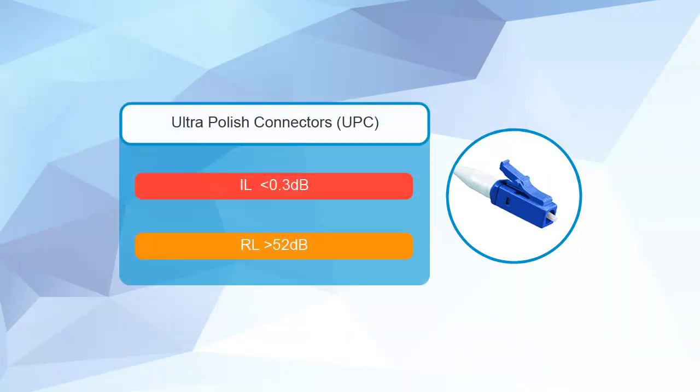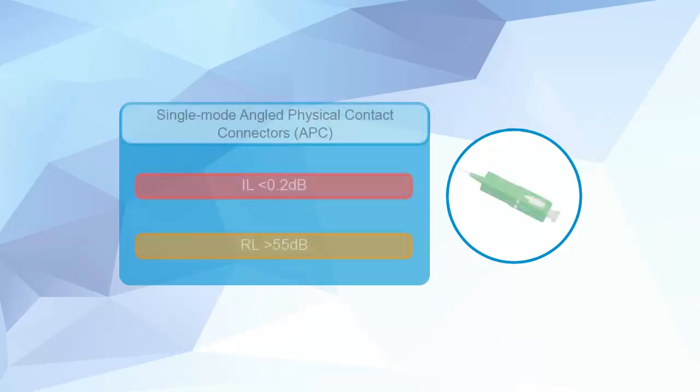Typical single-mode ultra-polish connectors, UPC, will provide insertion loss values of less than 0.3 dB and return loss values of greater than 52 dB, while single-mode angled physical contact connectors, APC, have insertion loss values of less than 0.2 dB and return loss values of greater than 55 dB.